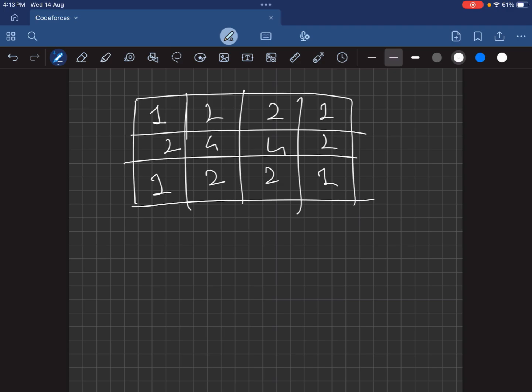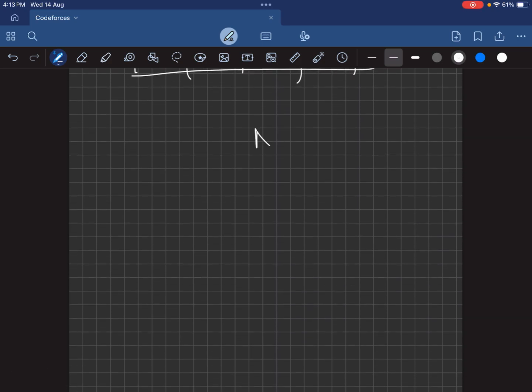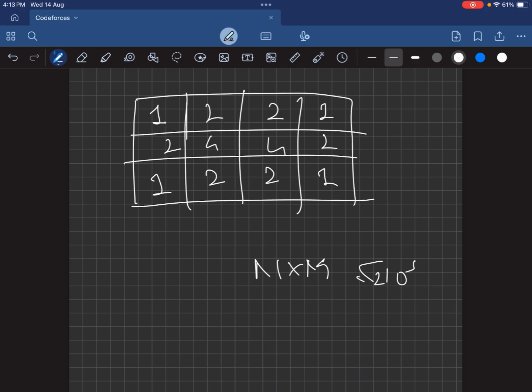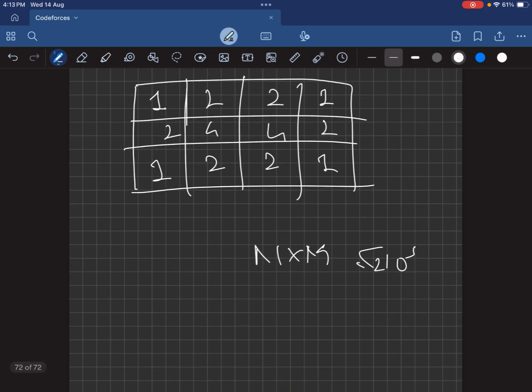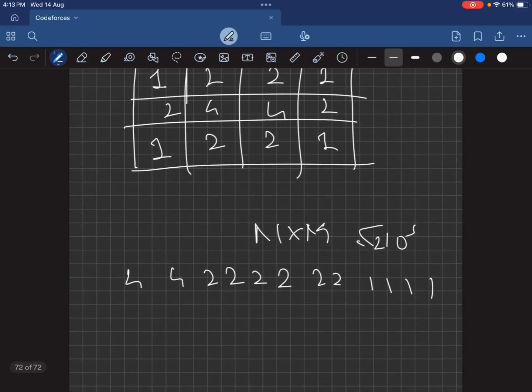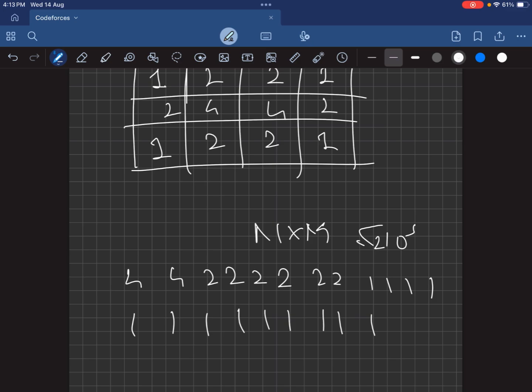Now the question is how do you find these values. We know that n cross m is less than or equal to 2 into 10 raised to 5. So our approach will be, for every cell we find out how many subgrids they come into, and we'll sort that array. For example, this array when sorted will give us this, and we'll sort the heights of our gorillas also.